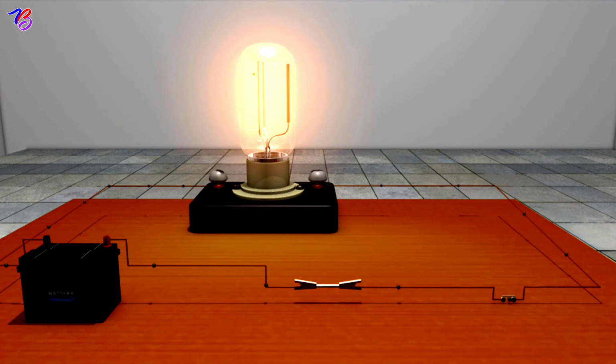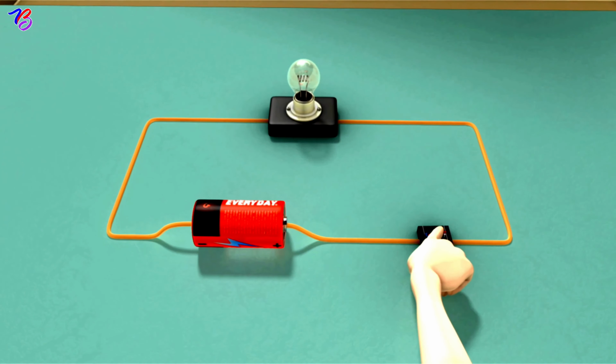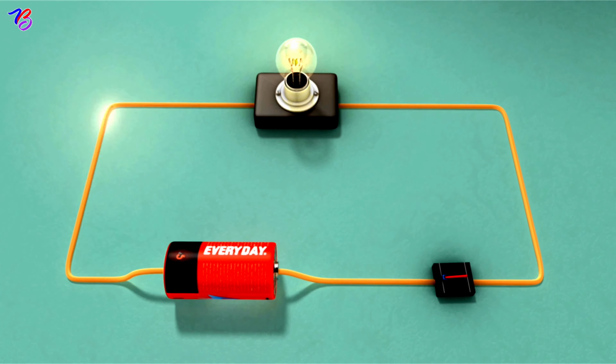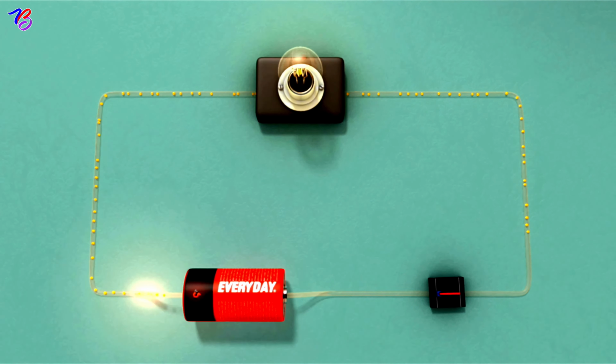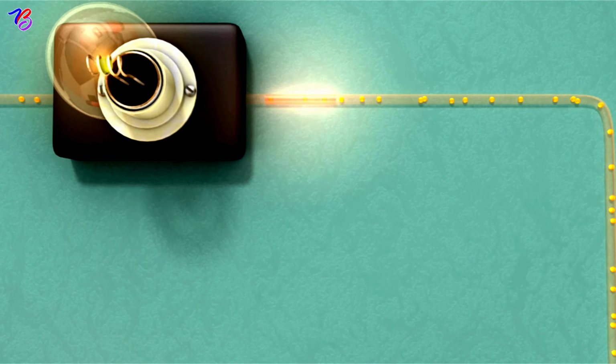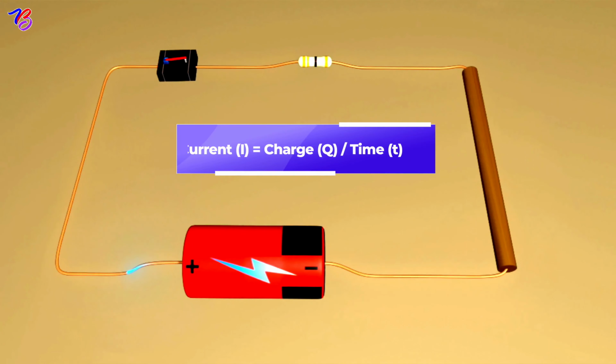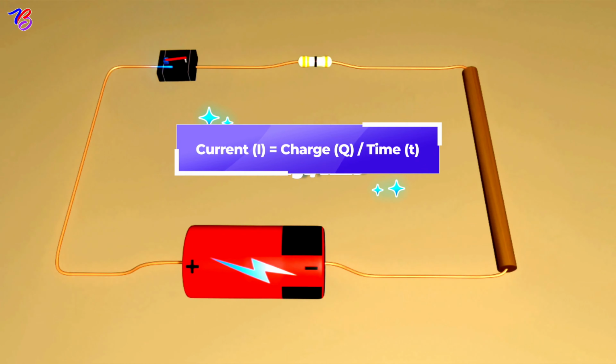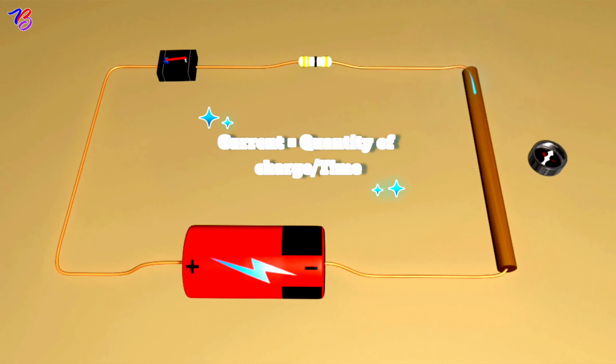What is the formula? Mathematically, we can represent electric current as the time rate of flow of electric charge along a conductor, such as a wire. So electric current is equal to the quantity of charge divided by time.